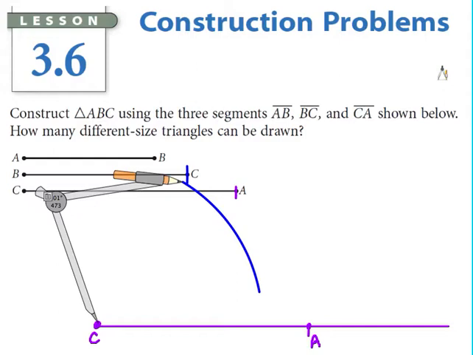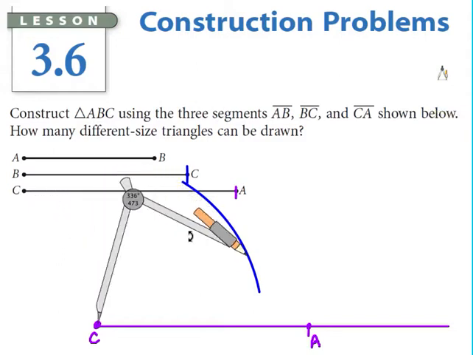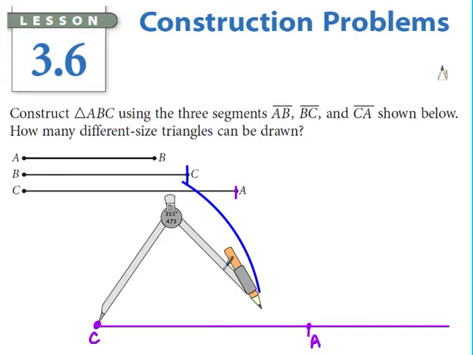Now what I need to do is I need to measure what segment? AB. And so what I'm going to go ahead and do is measure the length of AB.